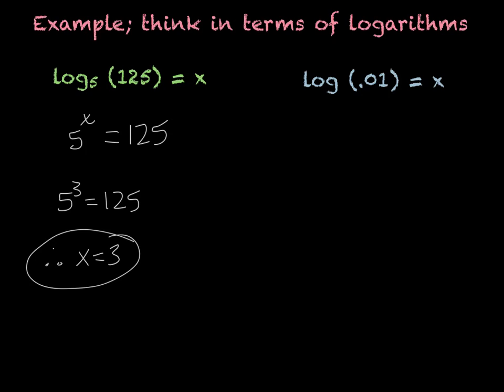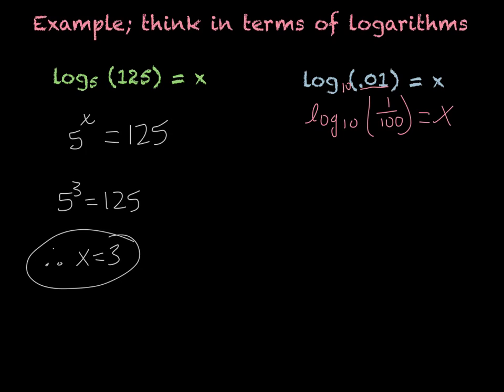Next, we have log of 0.01 equals x. Okay, so recall that whenever there's no base, it's base 10. So we actually have log base 10. And we can simplify it further in remembering that this just means 1 over 100. So we have log base 10 of 1 over 100 equals x.